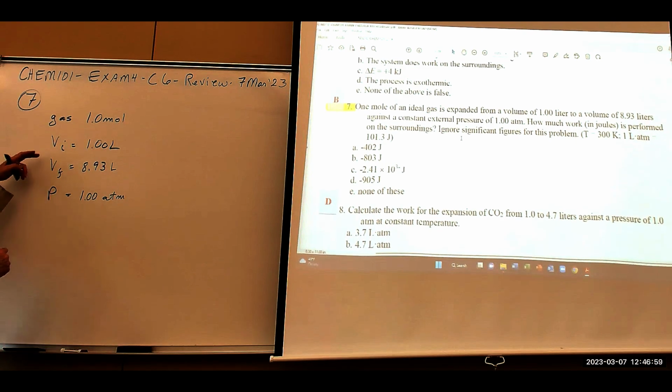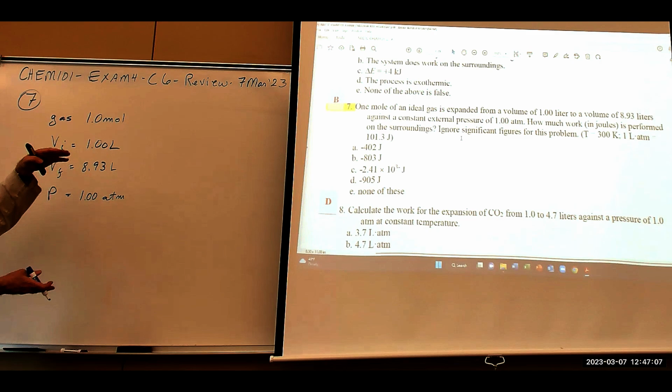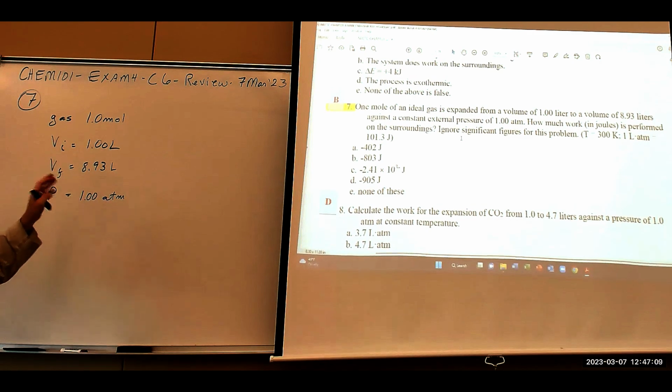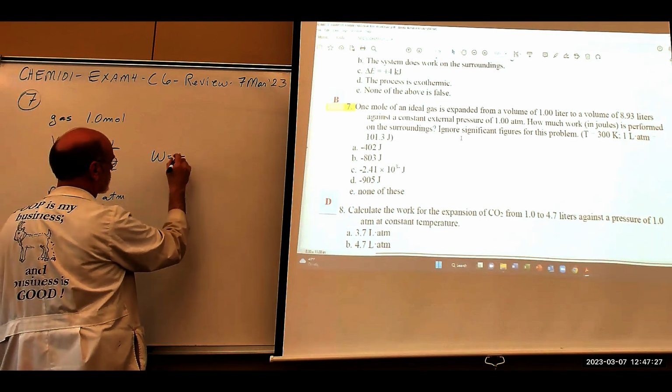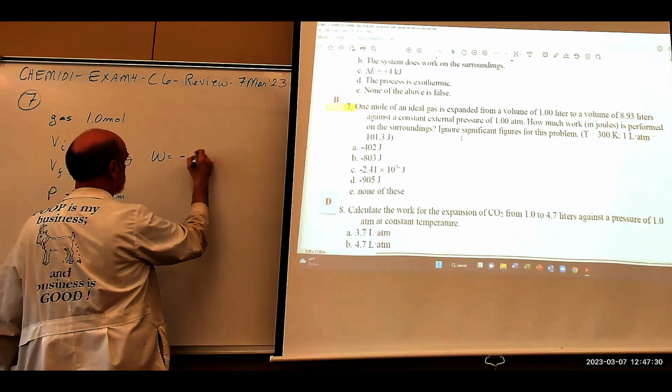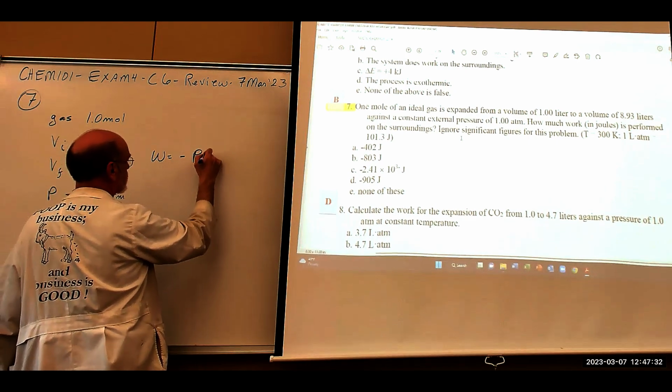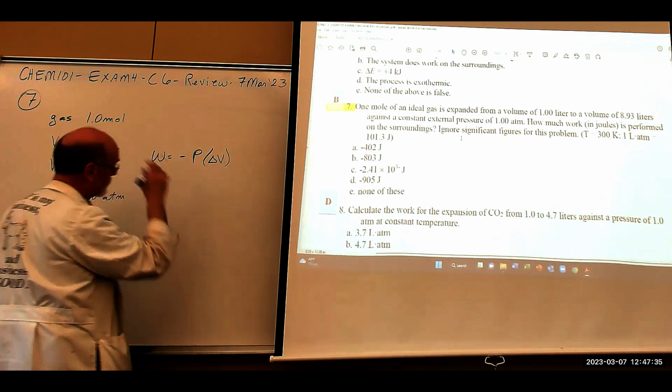Is that true? If it goes from 1 liter to 8.9 liters, it's expanding against a constant pressure. Okay, that's true. It's working against the surroundings, so its W would be negative. So how much work is performed on the surroundings? Okay, we're looking for P delta V. There we go.